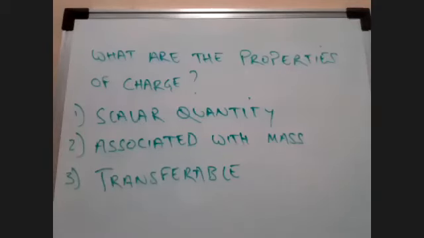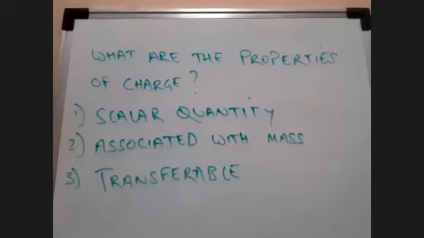Basically, you can transfer charges from one system to another system or one object to another object, if they are put in contact with each other. There are three ways to do it: conduction, induction, friction. That comes under methods of charging. But charge is transferable. An object can be charged, and an object can be discharged as well. The process of charging by transfer of electrons is called conduction charging.